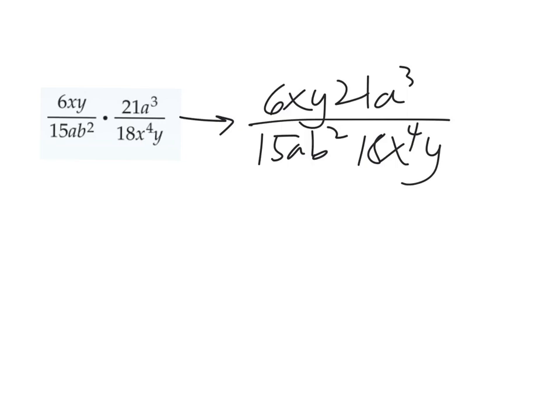In fact, I would not recommend doing that. I would try to cancel stuff first before multiplying it all together. And the reason is when the numbers are smaller, it's easier to recognize the factors of those numbers. When you multiply those numbers together, sometimes it's a little harder to see all the factors because the numbers get so large, the options increase in terms of what factors there could be.